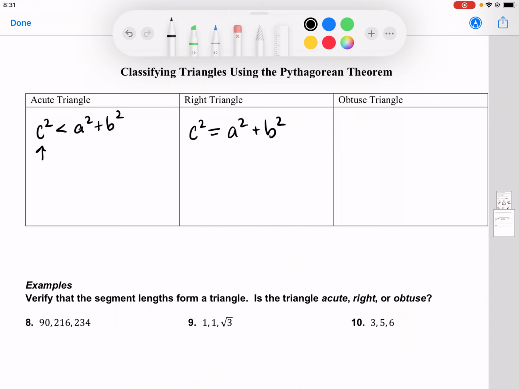So c is the longest side, just like the hypotenuse is the longest side. An obtuse triangle means that c squared would actually be greater than a squared plus b squared. And once again, c represents the longest side. So that's how you classify.